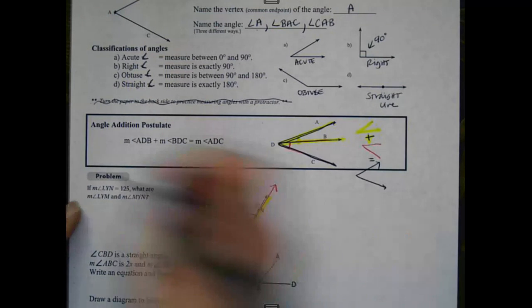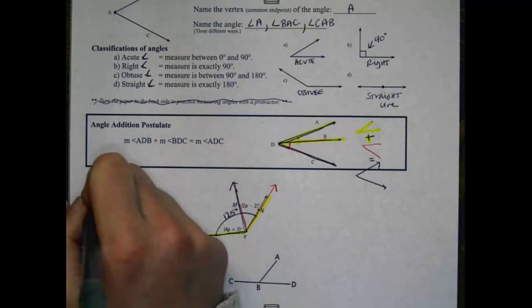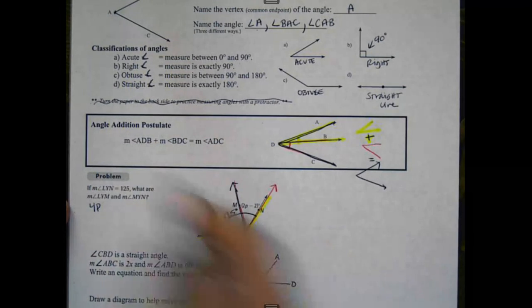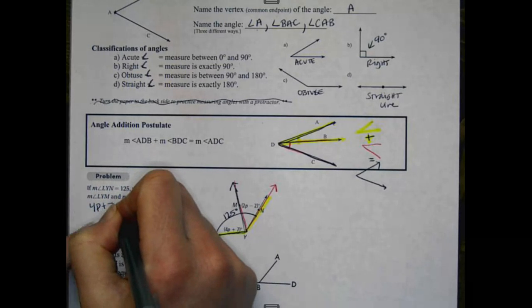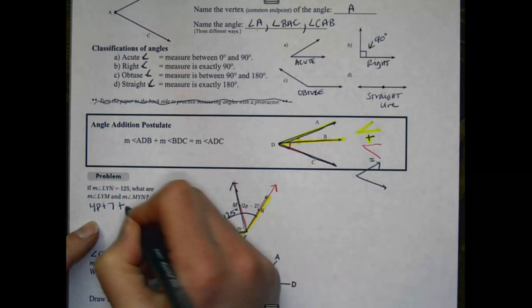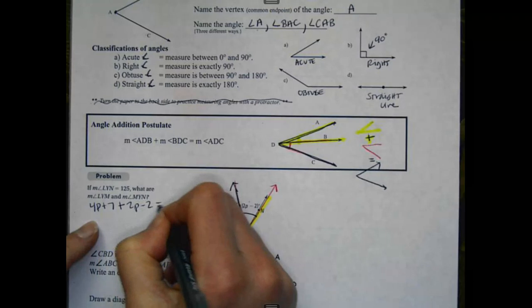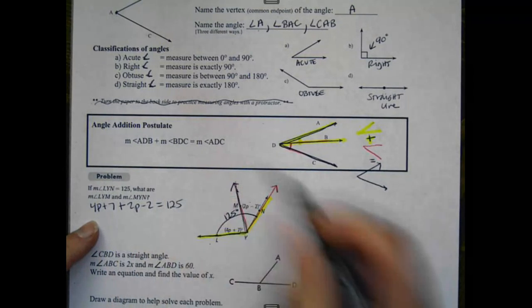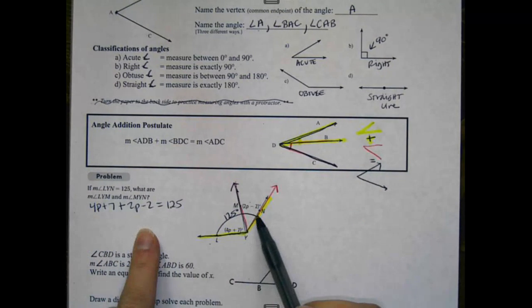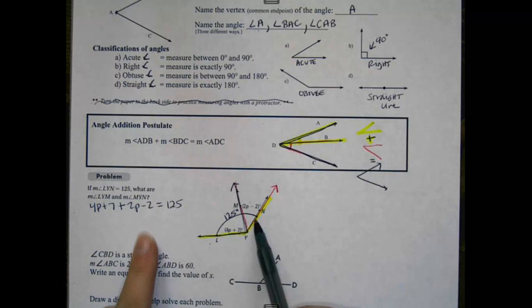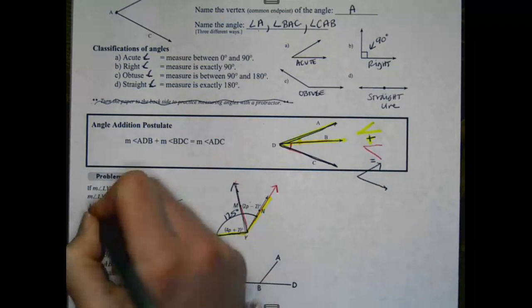If I set this up, I have 4p plus 7 plus 2p minus 2 equals 125. So angle plus our angle equals the entire angle. Now I'm going to combine my like terms.